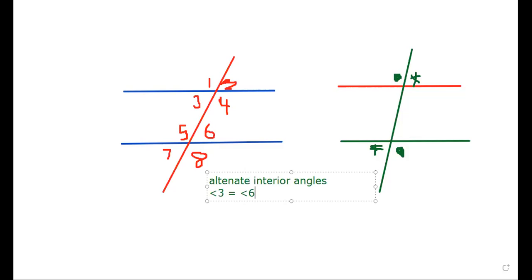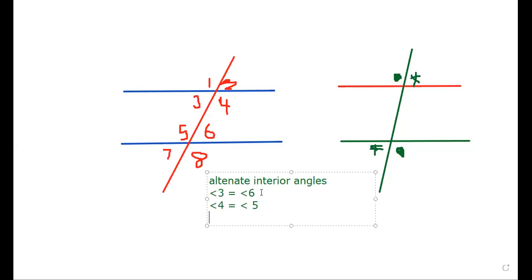Yes, 3 and 6. What else do we have? Alternate interior, we said 3 and 6, 4 and 5. Angle 4 and angle 5. Okay, and both should be equal in measure. So I wrote alternate interior angles: angle 3 and angle 6, angle 4 and angle 5.